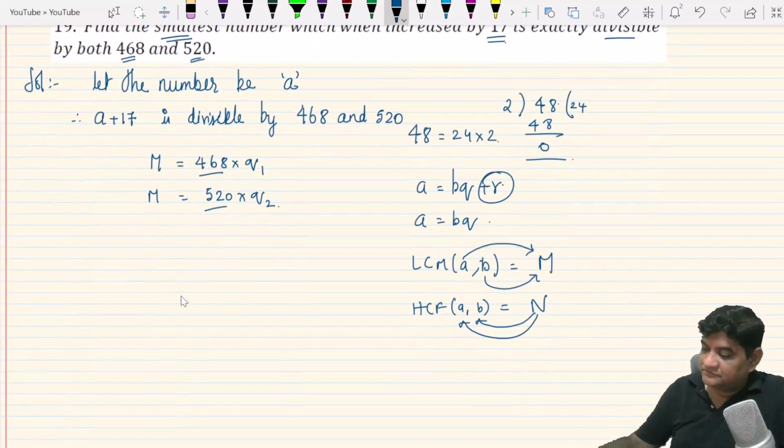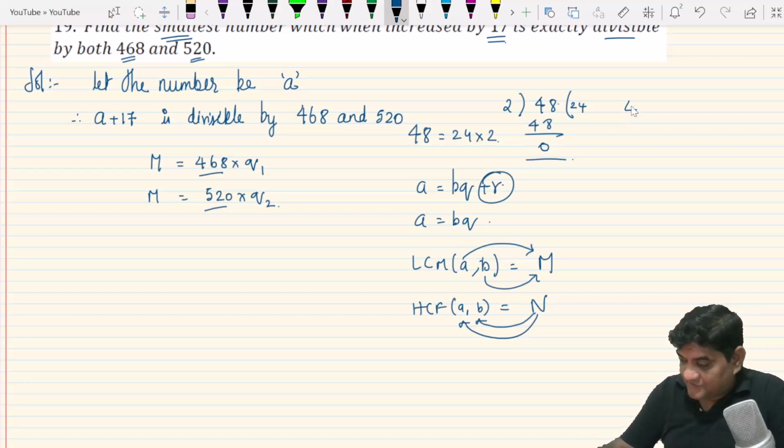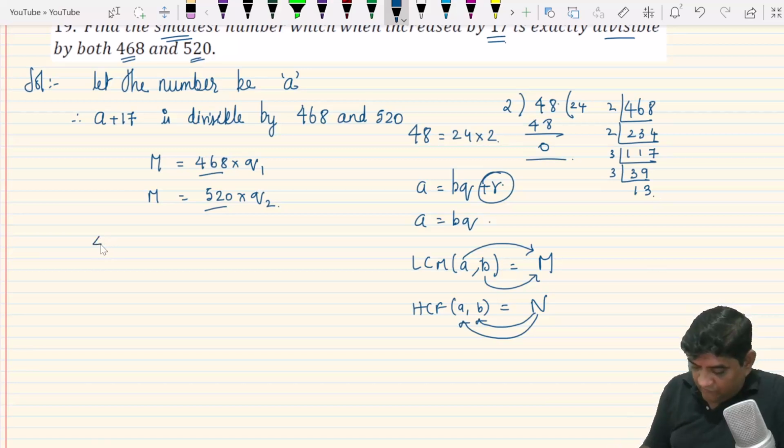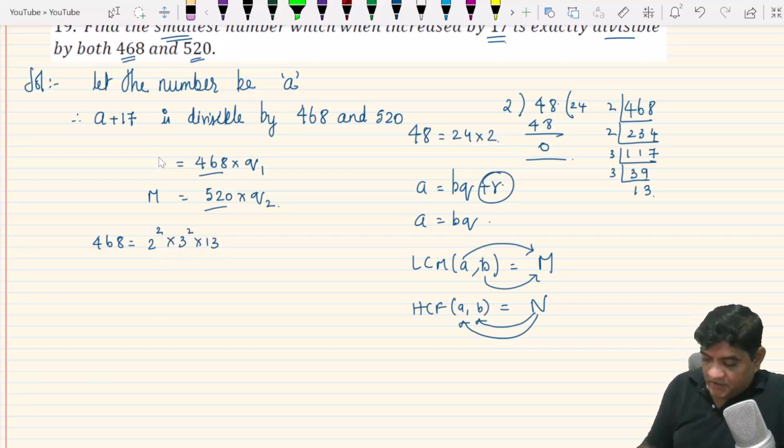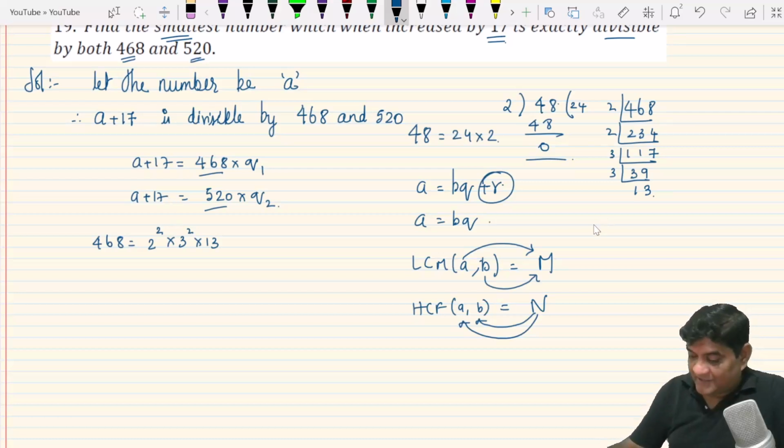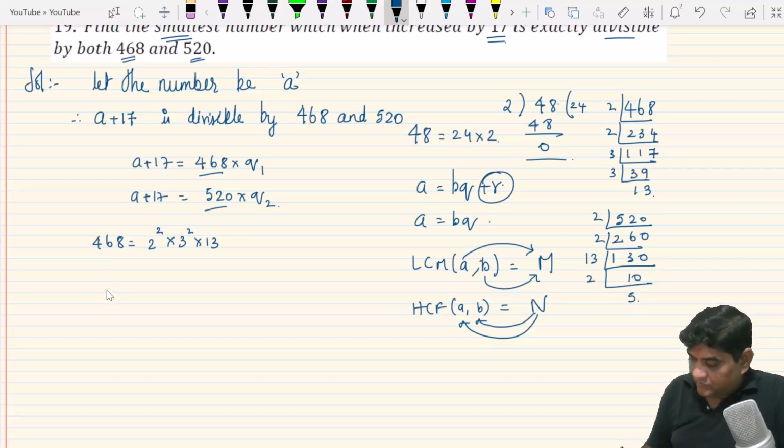How do I do that? Well, we go with prime factorization. So 468 is going to be equal to 2 square into 3 square into 13. I'm also going to be factorizing 520. So 520 is going to be equal to 2 cube into 5 into 13.